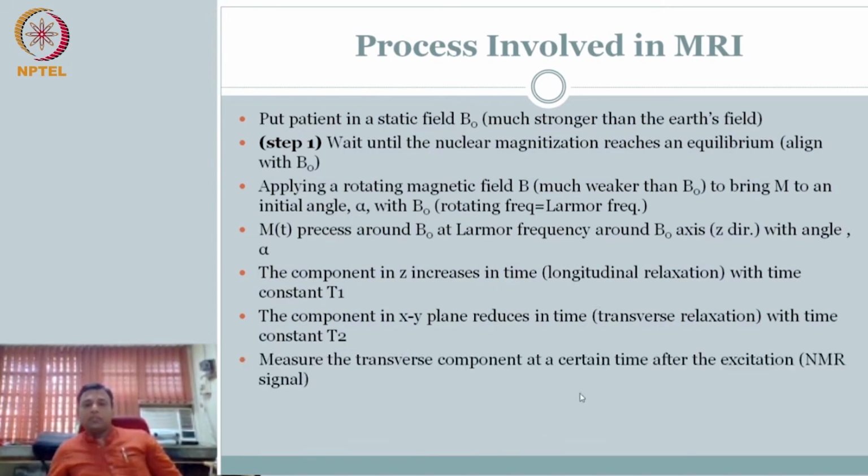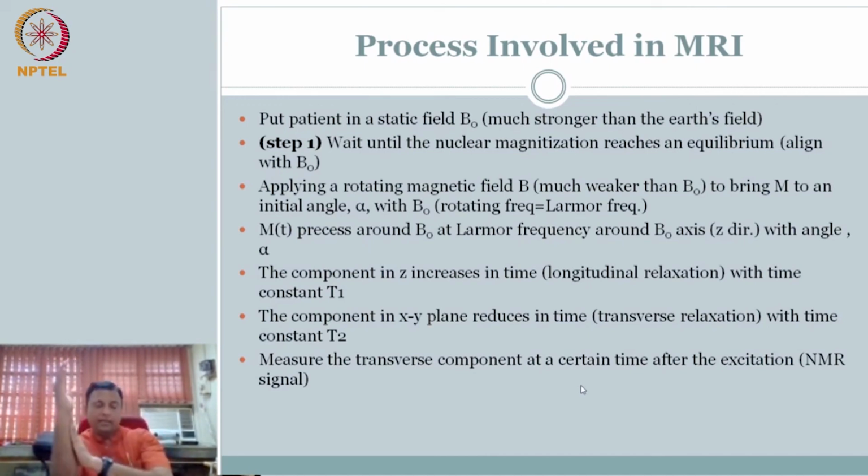So measure the transverse component at a certain time after excitation of NMR, and you get the NMR signal. That is, the static magnetic field is always there, so you always have the Z component, right? But then I have moved the Z component, pushed it into the floor, and I have given another command so that they are in phase. So I have made this magnetization vector. Initially it is 0 in the XY plane.